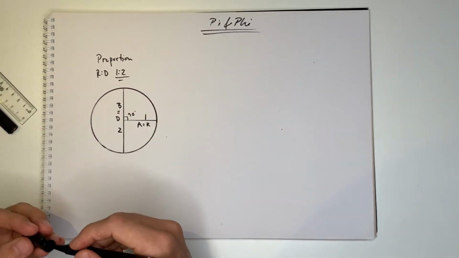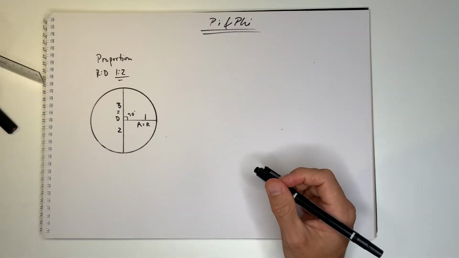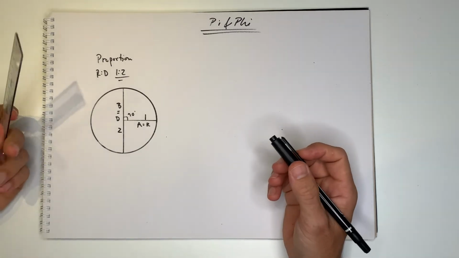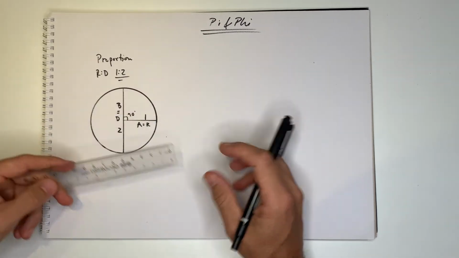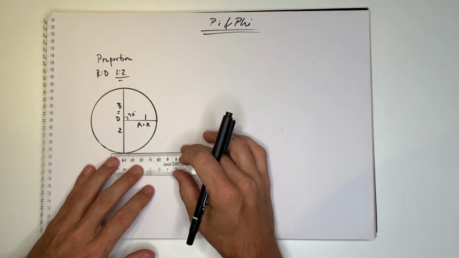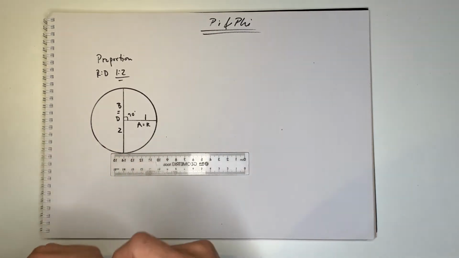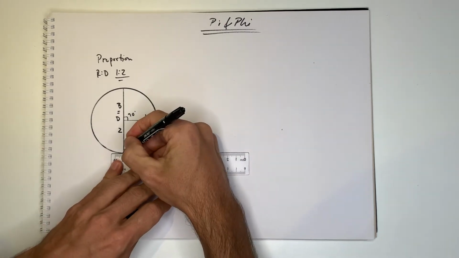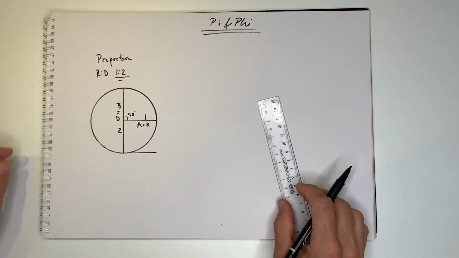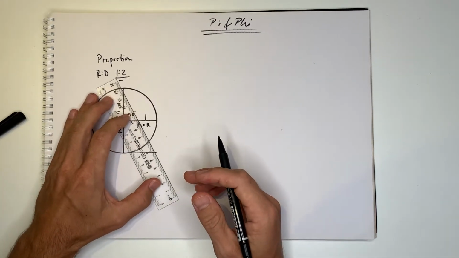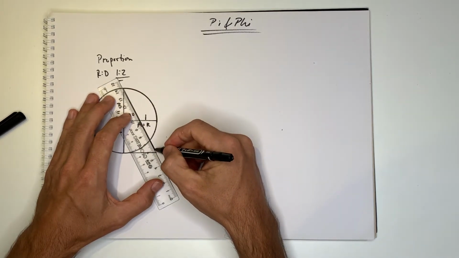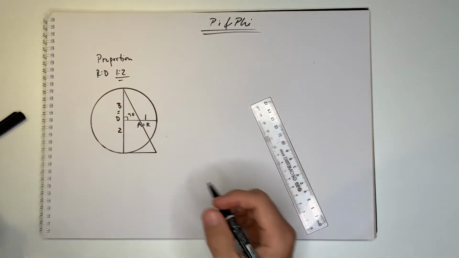Now I'm going to show you a transformation. We imagine that the radius is free to shift along this diameter. So I move the radius down to the very edge of the diameter. And if I connect the two edges, I will get a triangle like this.